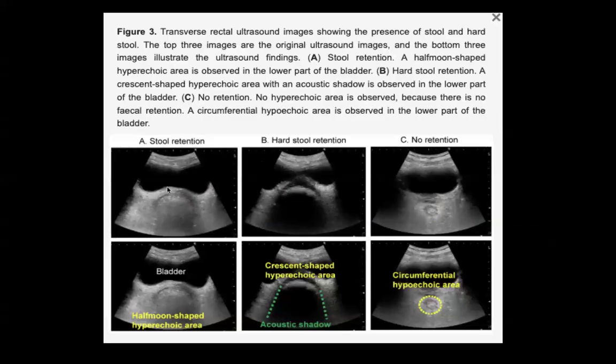And then they actually say here that with more stool retention, you can even see different characteristics. So half moon, that's brighter white. Okay. So here you can see A, stool retention, half moon shaped hyperechoic area, B, hard stool retention, crescent shaped hyperechoic area with a shadow. So different ways of seeing a big stool ball.